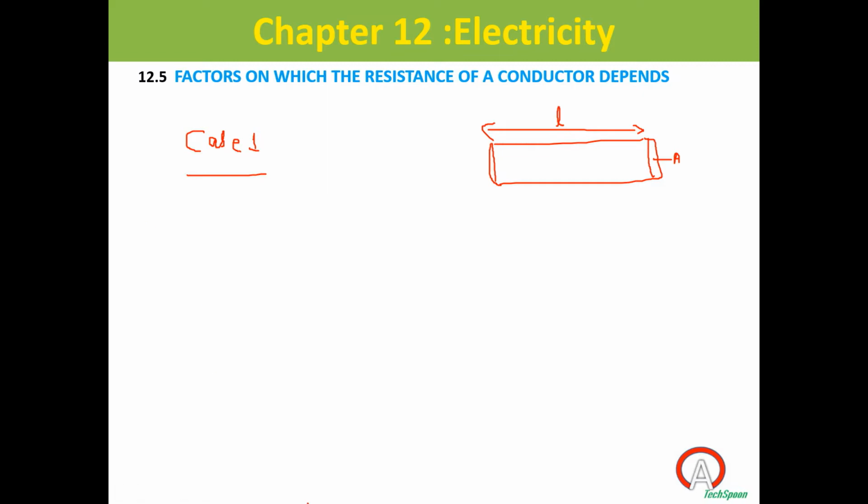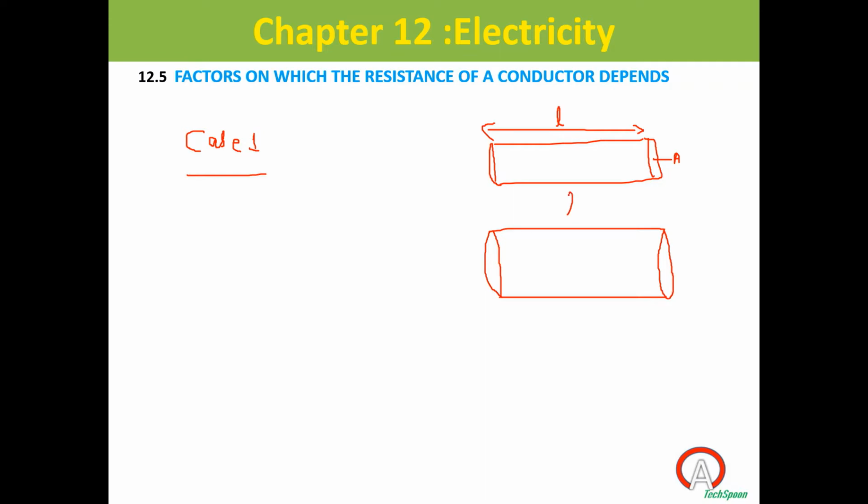Okay, so in case 1, what I am doing is, first I am increasing the area of cross section without changing the length and the material used. Here if I am using copper, in the second scenario, when I am changing the area, I am using the same material, keeping the length same.